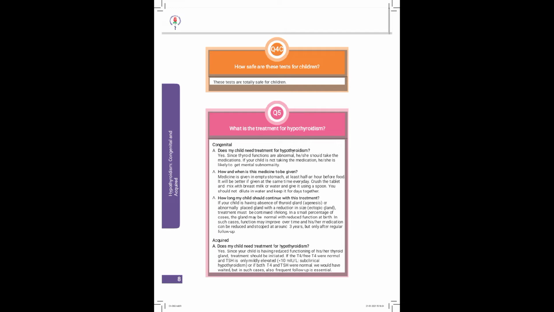In such cases, function might improve over some period of time, and in that case, medicine can be reduced or discontinued at around 3 years of age. But even after discontinuation, regular follow-up is needed, and again, if signs and symptoms or biochemical values suggest hypothyroidism, we need to restart the treatment.